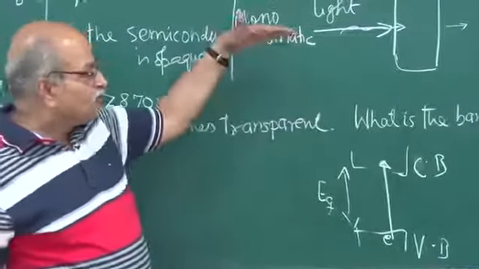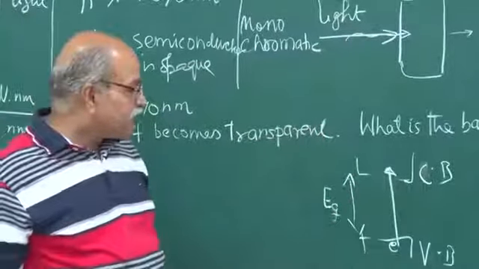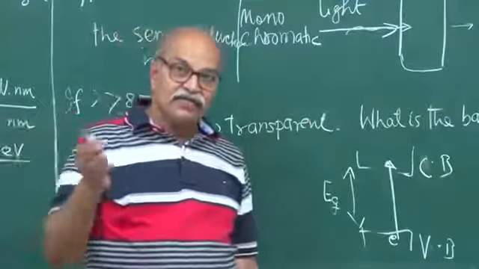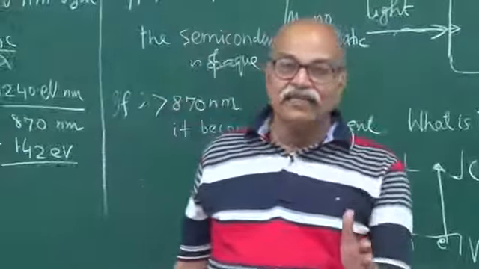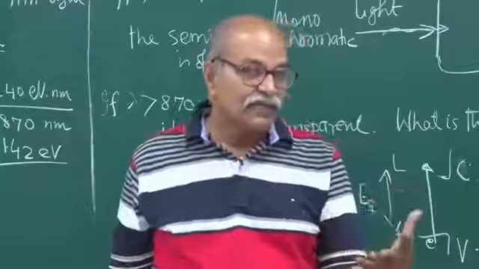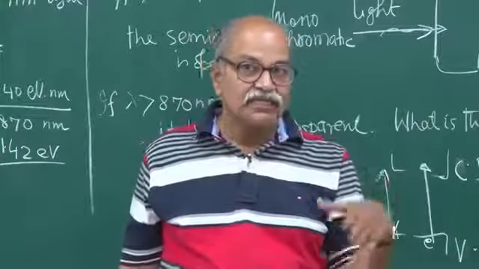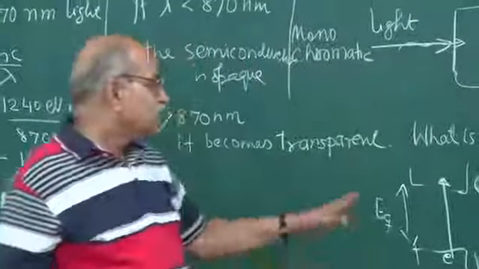So this is one way of getting an estimated band gap: you send light on this semiconductor and see at what wavelength it changes from opaque to transparent or transparent to opaque, depending on whether you are increasing or decreasing lambda.